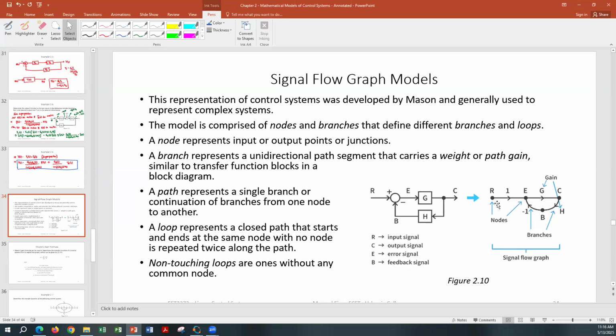A loop represents a closed path that starts and ends at the same node, with no node repeated twice along the path. And then you have non-touching loops, that is, loops that are not sharing any node or any branch. And then, of course, touching loops are those that are sharing branches or nodes.